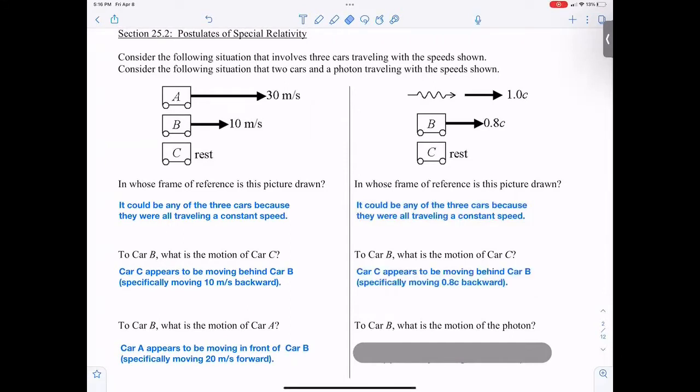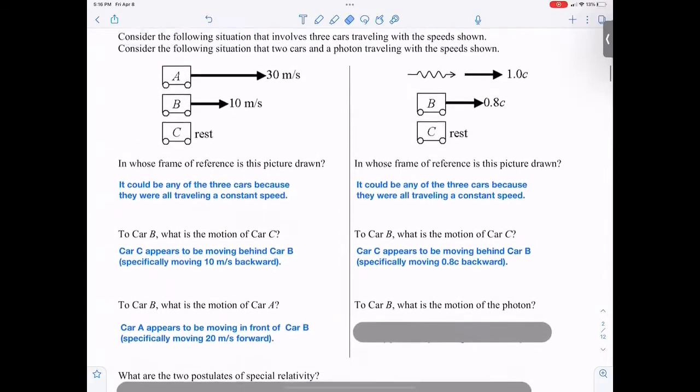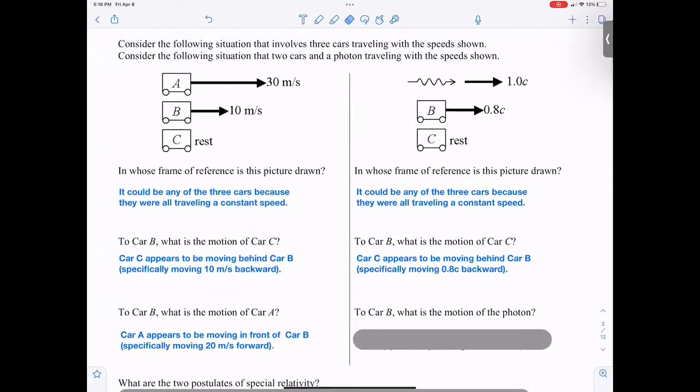To car B, the motion of car C would appear like it's moving at 80% of the speed of light backwards. And then to car B, the photon would look like it's moving 20% of the speed of light, or 0.2 c, forward, in front of car B.